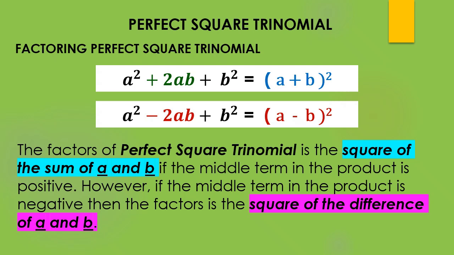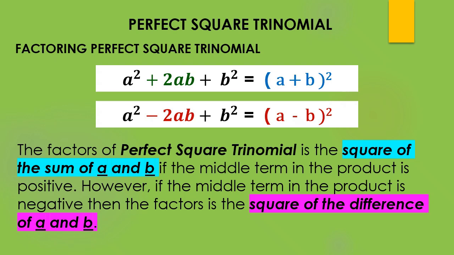Now you already know how to identify whether the given expression is a perfect square trinomial or not. We can now factor the perfect square trinomial. So how do we factor a perfect square trinomial?